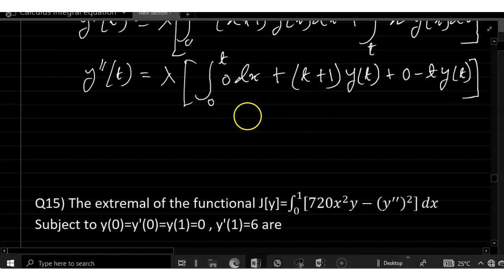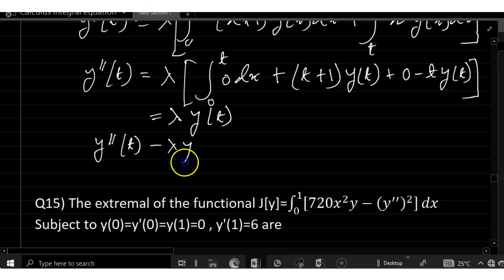So this equals, I get lambda yt. So y double dash t minus lambda yt equals 0.